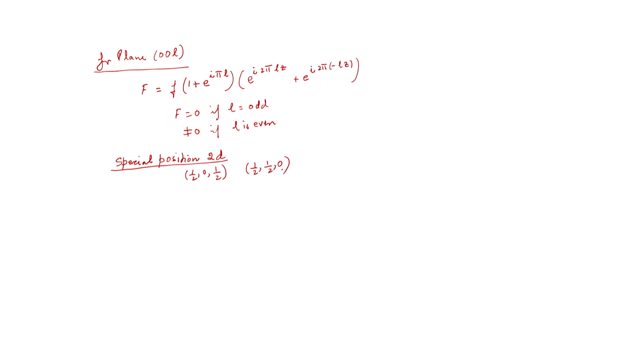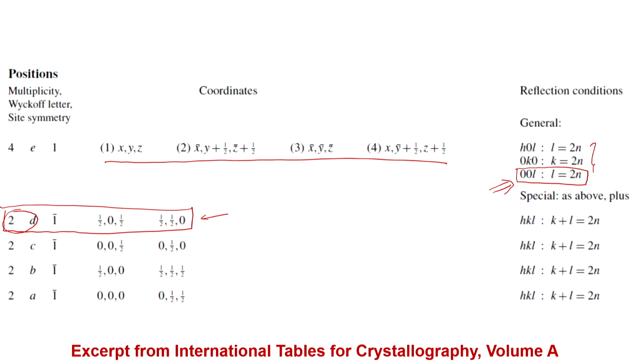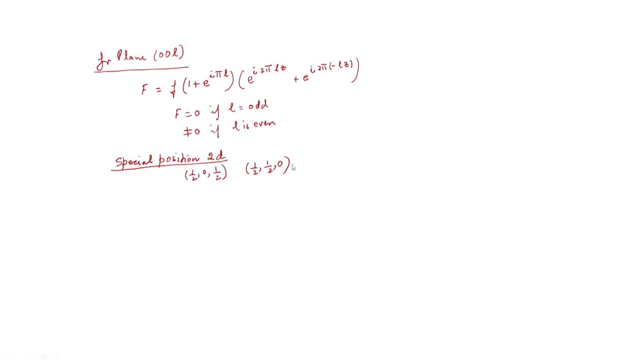When an atom is placed on a symmetry site, in this case it is on 1 bar, the structure factor very clearly is quite simple. It is f times e to power pi i (h plus l) plus e to power pi i (h plus k).